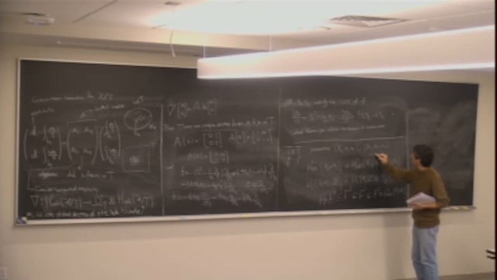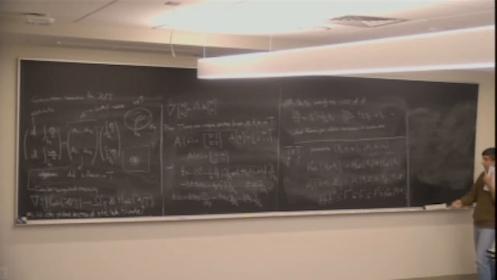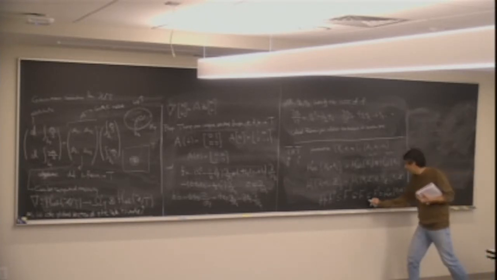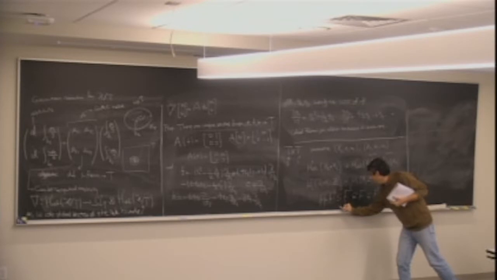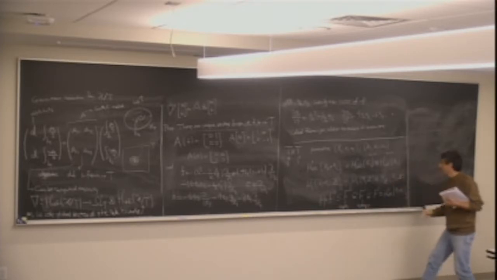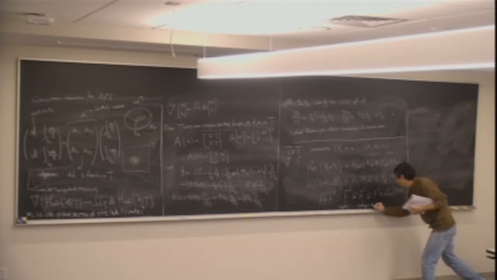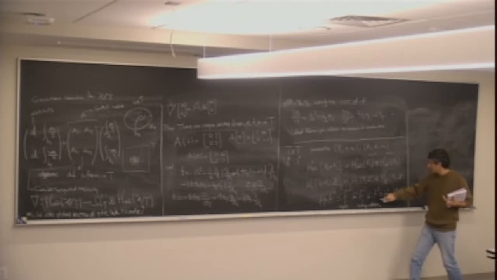But at the end of the day, the natural Hodge filtration here will be this one. F0 is of dimension 4. F1 will be generated by alpha 1 tensor omega 2 and omega 1 tensor alpha 2, so this will be of dimension 3. And F2 is of dimension 1.